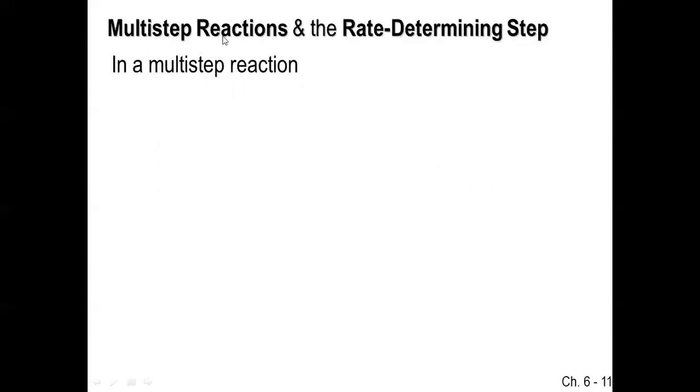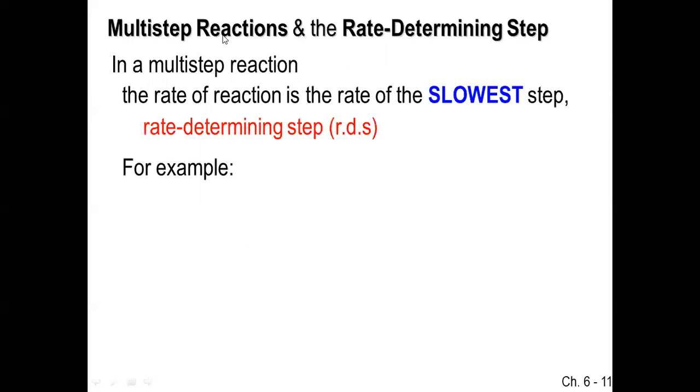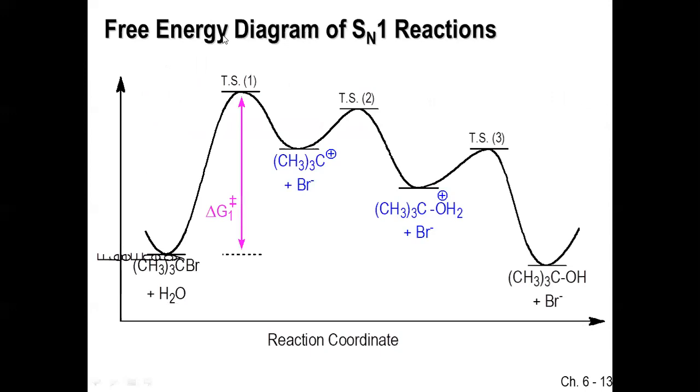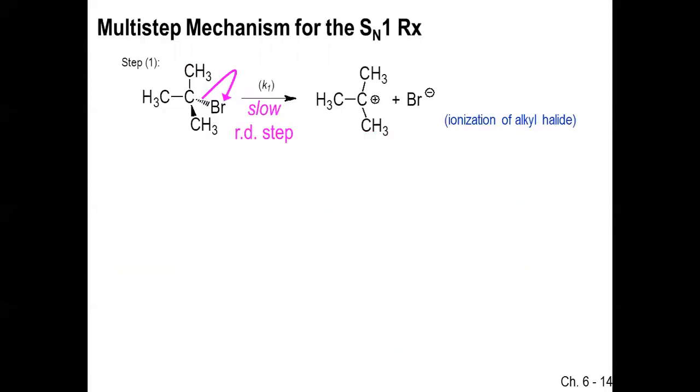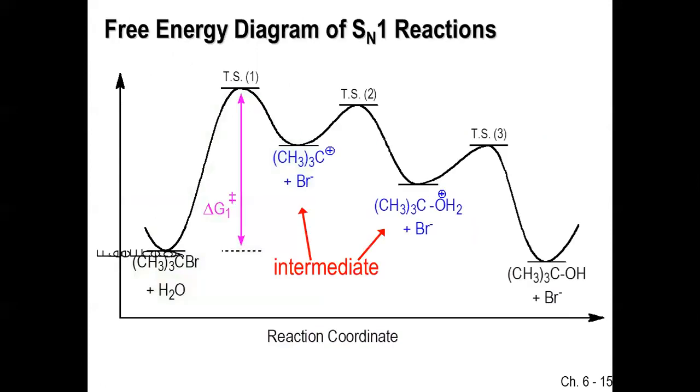This is a multi-step reaction and the rate determining step is the slowest step, that is the first one. Here is the free energy diagram of the SN1 reaction, that is step number 1. Step number 2, that is attack of the nucleophile.